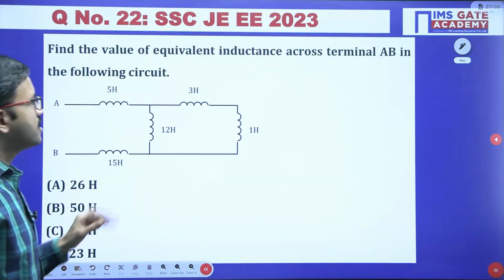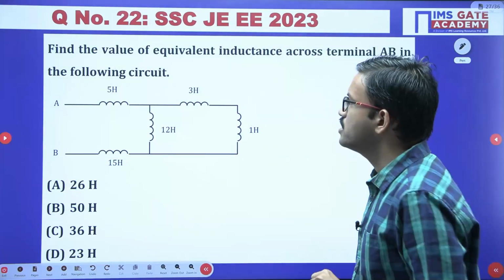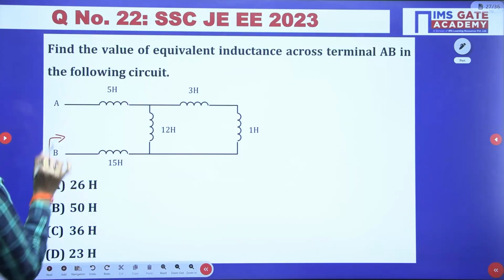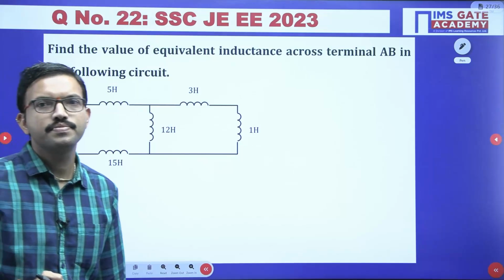This is a question based on the inductor's equivalent circuit. In this question you have to find the equivalent inductance with respect to the terminals A and B. L equivalent you have to calculate. All of you give a try.